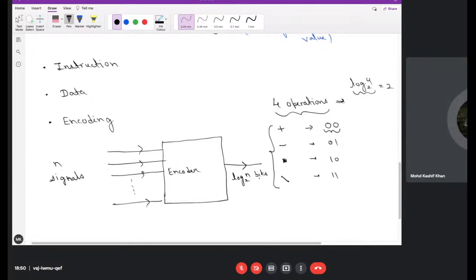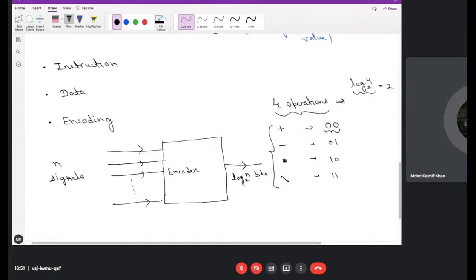Now write regarding the encoding. In this process, n signals are represented with log n base 2 bit format.